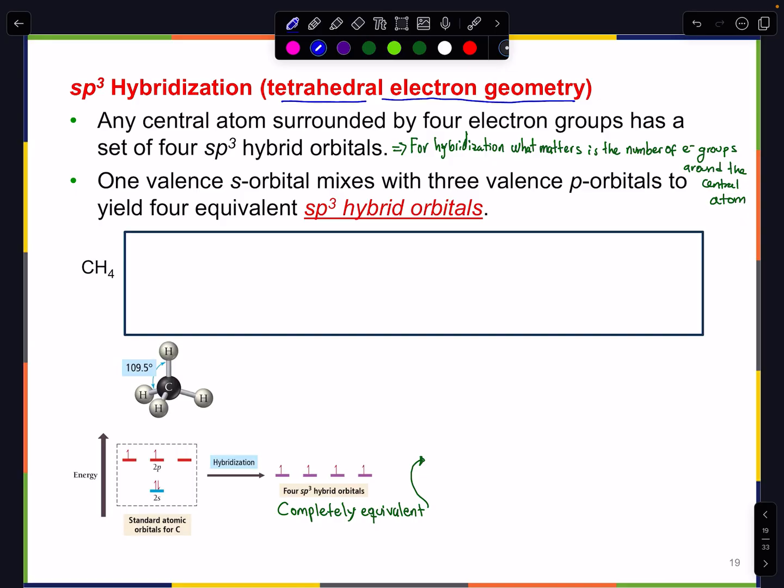For hybridization, what matters is the number of electron groups around the central atom, or in other words, the electron geometry. The sp3 orbitals appear when you mix one valence s orbital with three valence p orbitals to yield four equivalent sp3 hybrid orbitals.